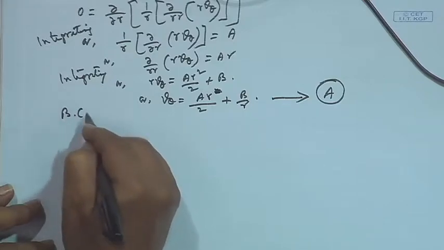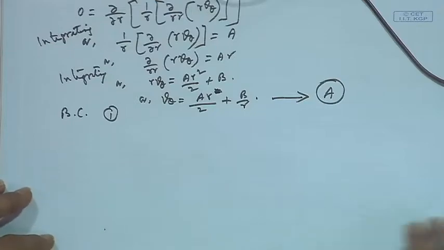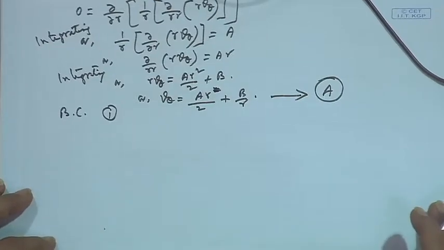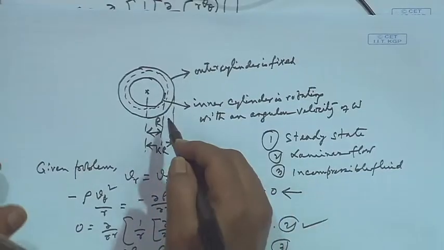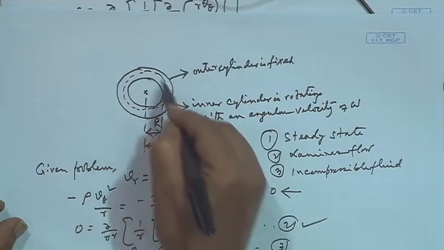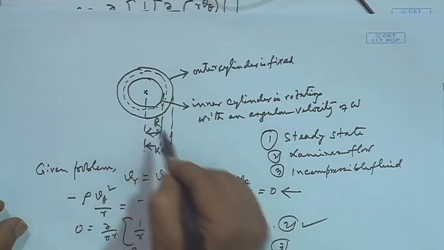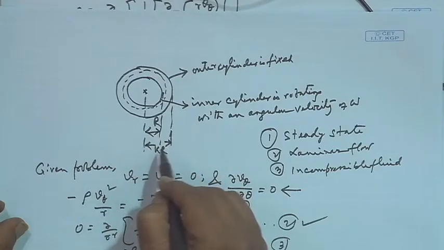So, this is again nothing but a change of the boundary condition. So, we write the boundary condition 1. What is given? We have been given that the inner cylinder is rotating and the outer cylinder is fixed. So, we have at r is equal to capital R and at r is equal to kR two different conditions.